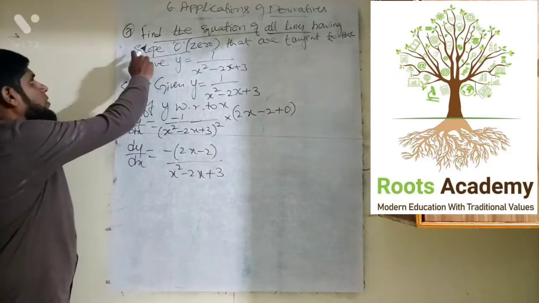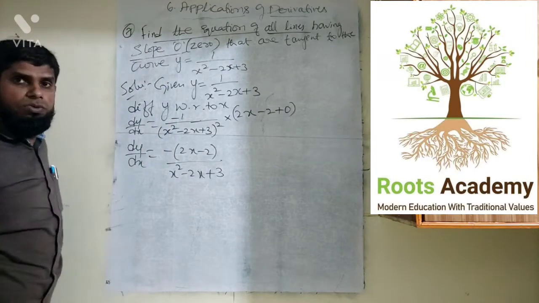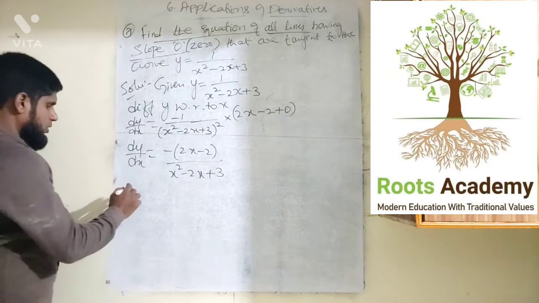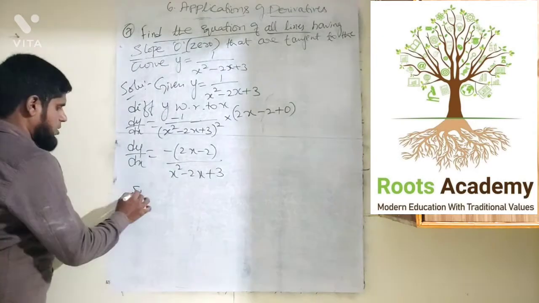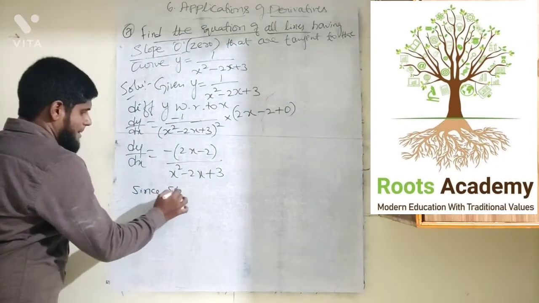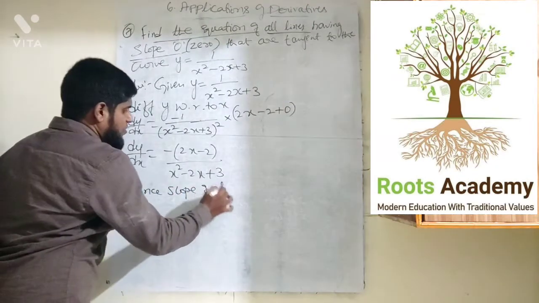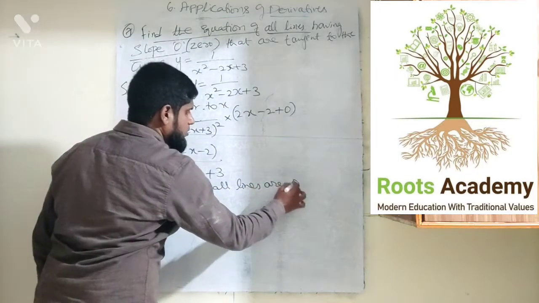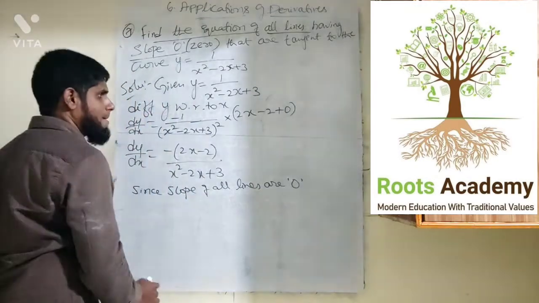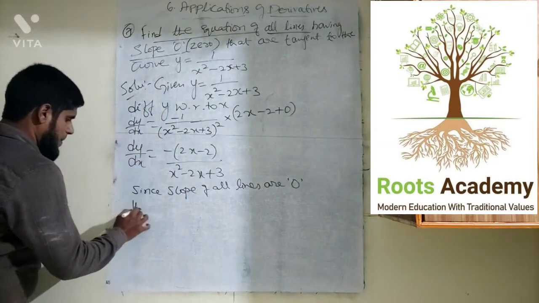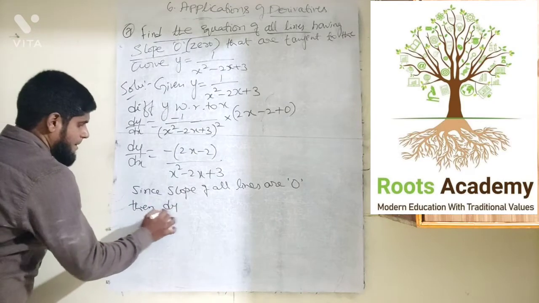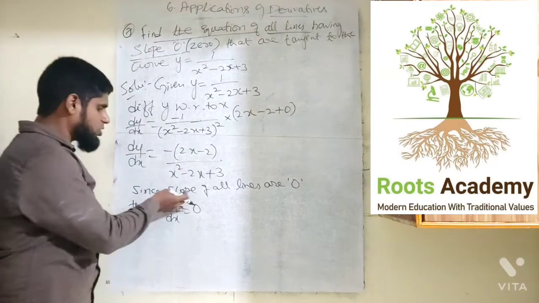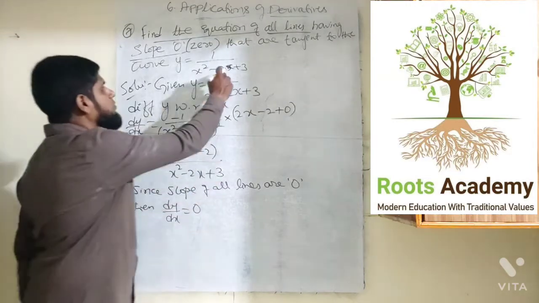And he said that the slope of all the lines is 0. Since the slope of all lines is 0, then dy by dx is also equal to 0, because this is also a line to this curve.